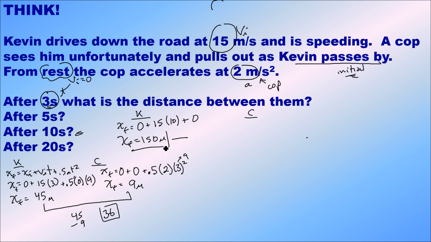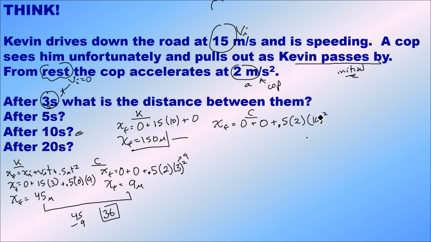We're wondering, well, where's this cop? Now, I half-boxed that. That's not the answer. Let's see what the cop's doing. So the cop, initial position 0, initial velocity 0, so this middle thing ends up not mattering for him. But he is accelerating at 2 meters per second squared, and we're going to give him 10 seconds to do that.